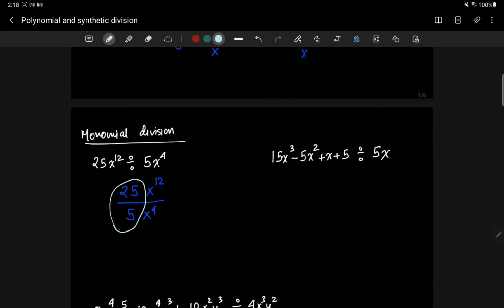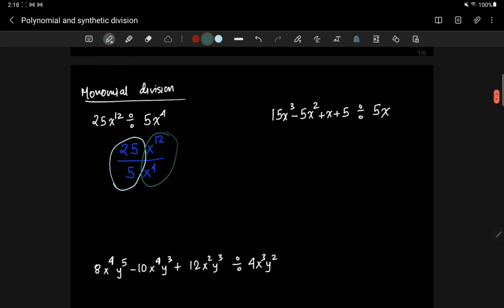Now in this one I apply the result for numbers, and in this one I apply the result for the variable. 25 over 5 is 5, and x to the 12 over x to the 4 is x to the 12 minus 4, so that is x to the 8. Okay, so that is the first case where we combine the numbers and the variable.